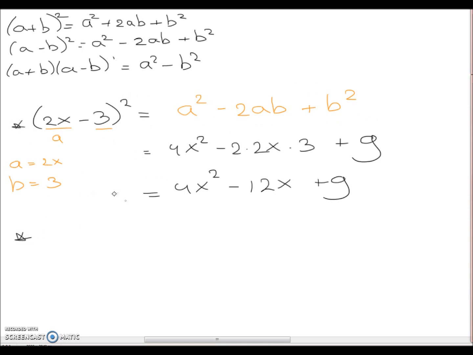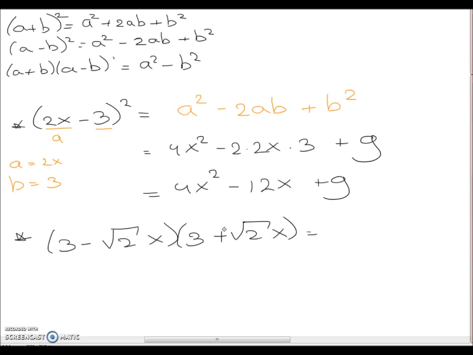Another example is (3 minus square root 2 times x) times (3 plus square root of 2 times x). Now, here we recognize that this 3 and that 3 are the same. Square root of 2 times x and square root of 2 times x is also the same. The only difference between these two things is the sign in between.